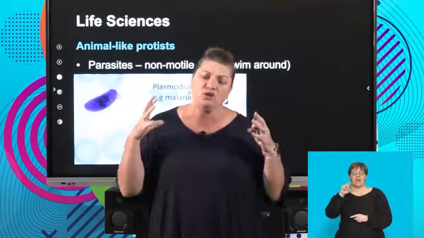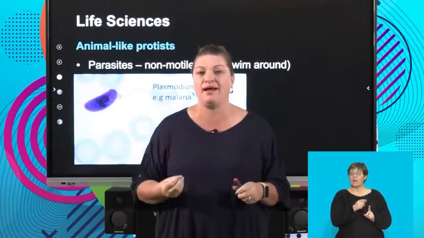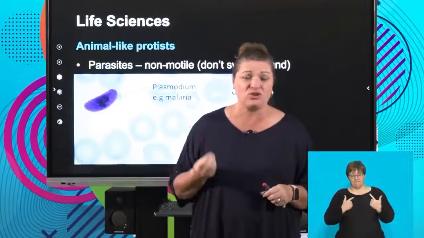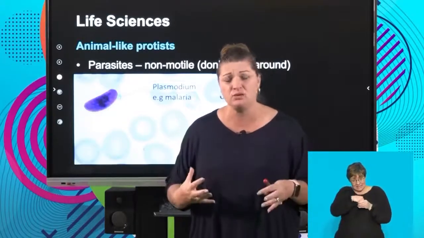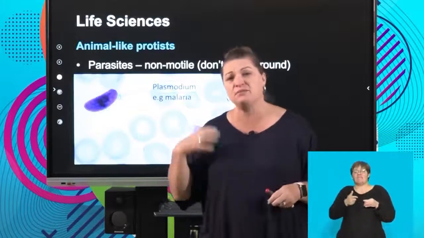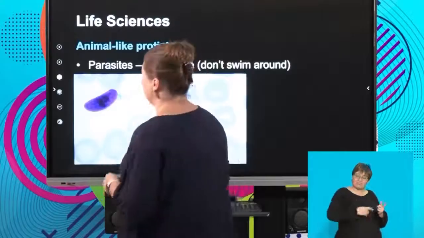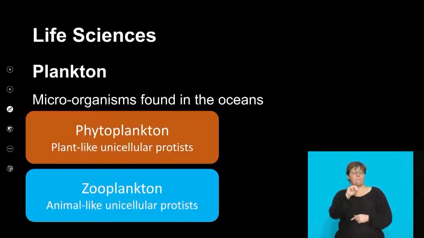And when we use the term parasite, a parasite implies that it needs a living host and that it actually is going to cause harm. If you look at the whole concept of symbiosis that we looked at, parasitism, one organism is going to gain and the other one is going to be harmed. And this is the malaria plasmodium. And this is the one we're going to look at when we look at the malaria.